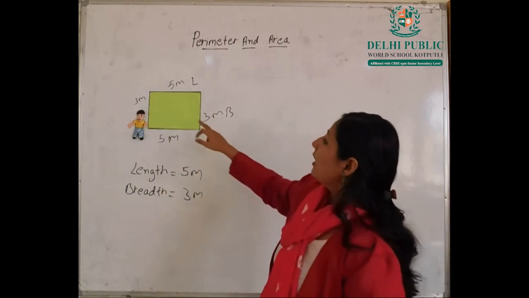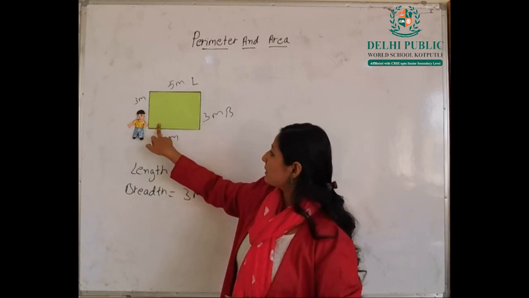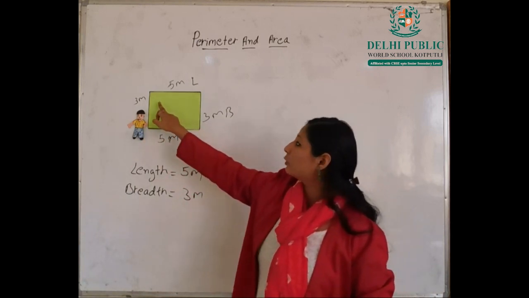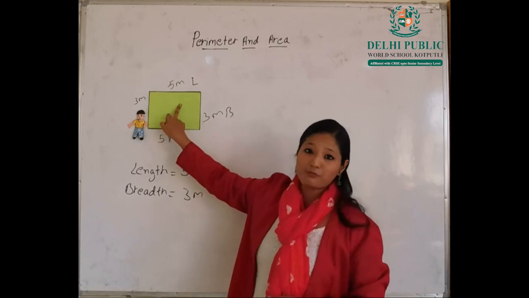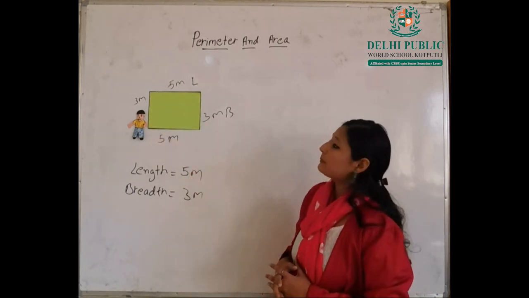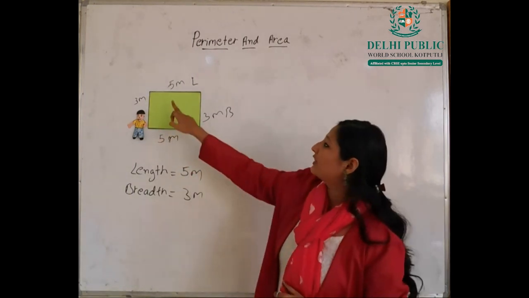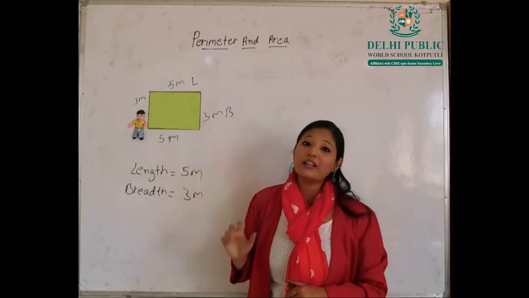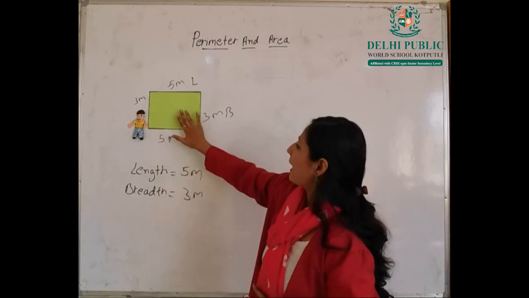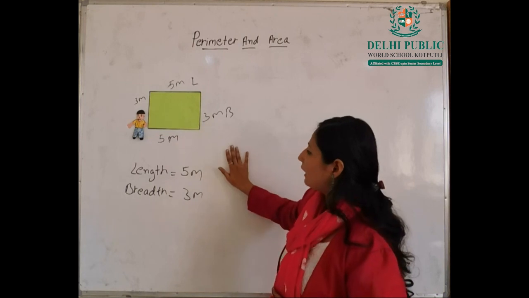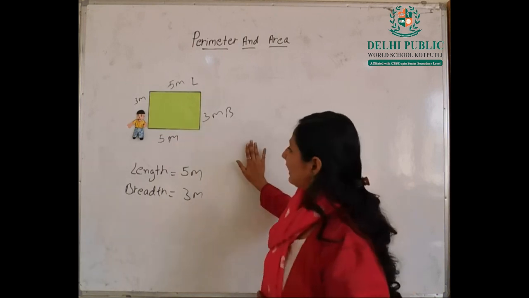So here, to put a fence around this field, what are we calculating? We are calculating the perimeter of this field. So perimeter is the sum total of all the edges of a given shape. So here my shape is a rectangle and I am calculating the perimeter of the rectangle.